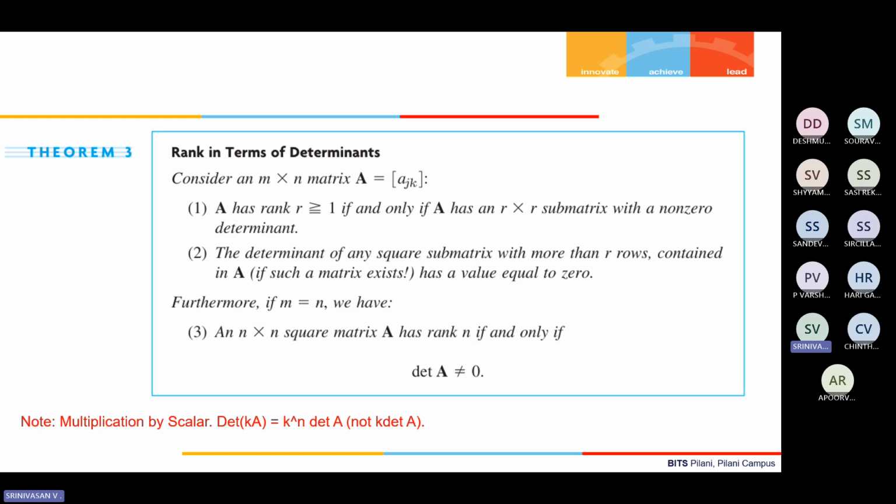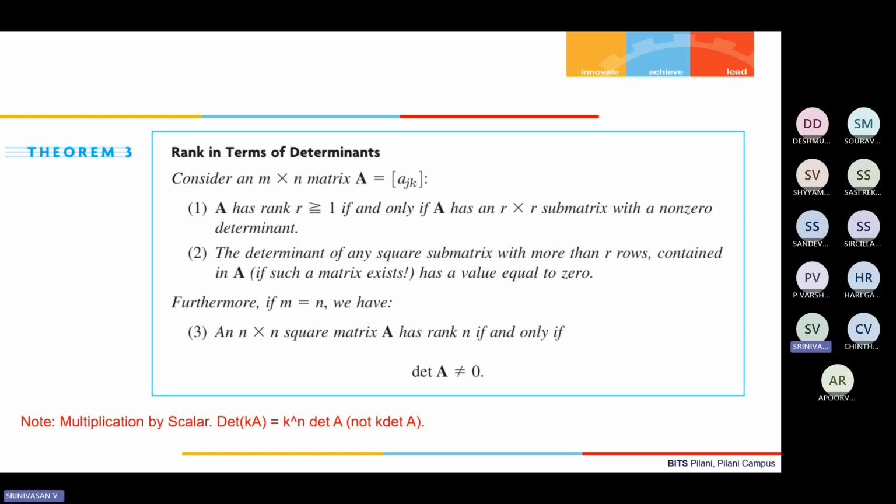Multiple of a row by a constant k gives you the result k into determinant A because it is only in one row. But when you say determinant of kA, it means k being multiplied by every element of that matrix. So what is happening then? If there are 3 rows, naturally you will get k power 3. That's the meaning. These results are useful in answering your quizzes.